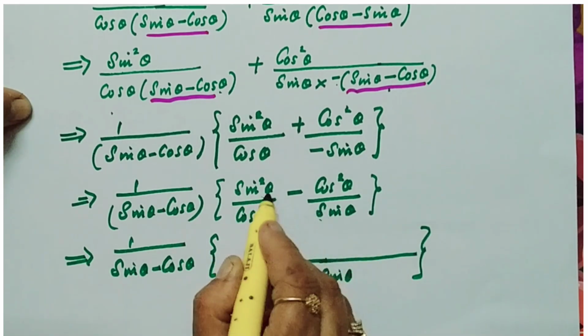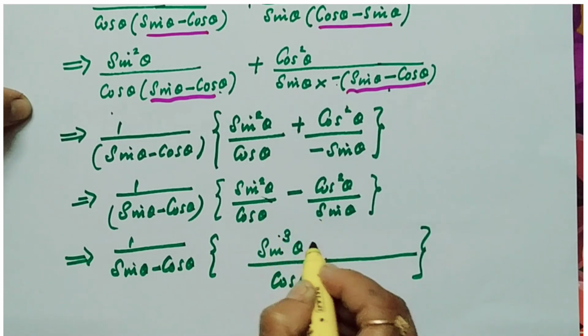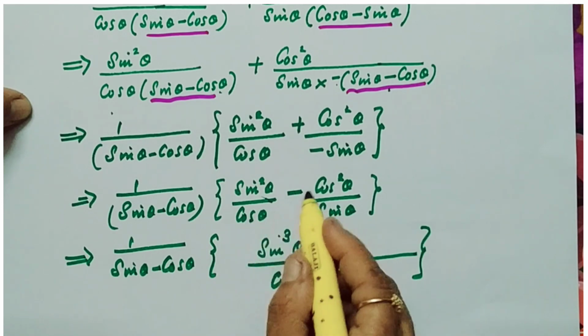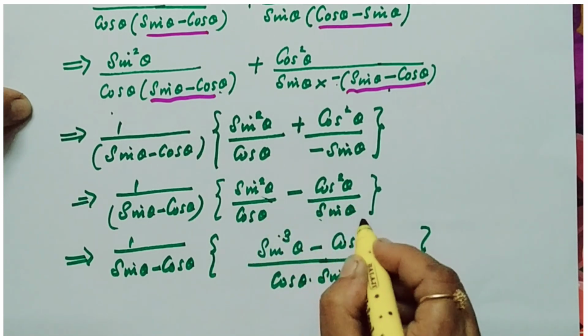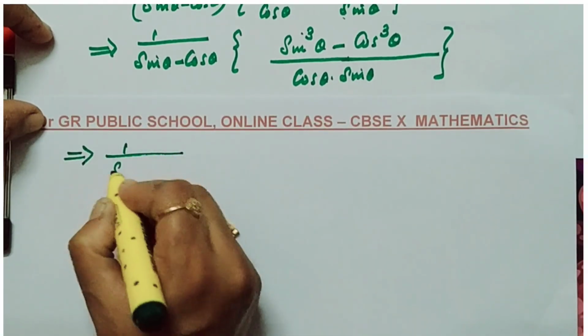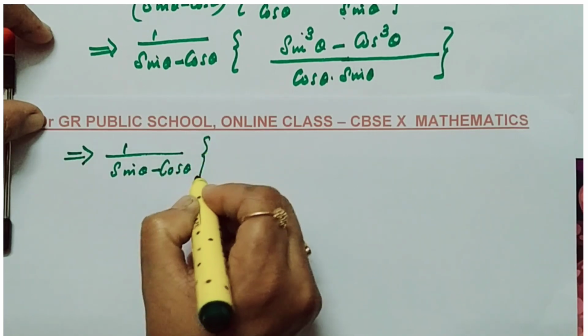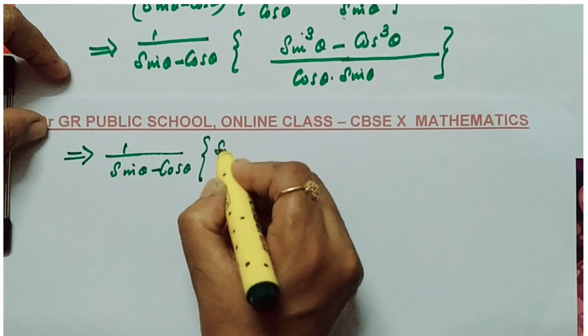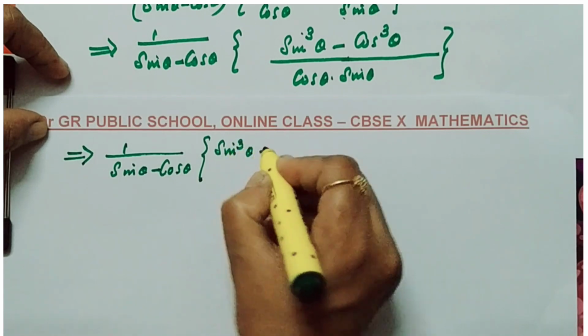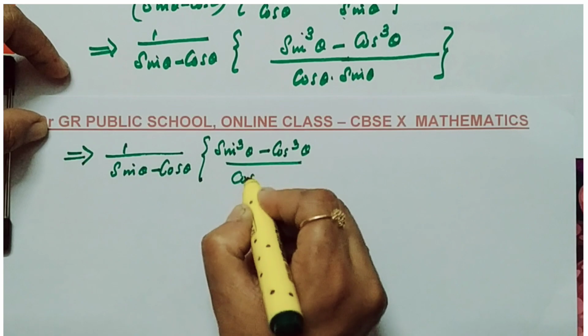Sin square theta into sin theta, which is sin cube theta, minus cos theta into cos square theta is cos cube theta. This is the LCM sin theta cos theta. 1 by sin theta minus cos theta common outside itself. The last step is sin cube theta minus cos cube theta divided by cos theta into sin theta.